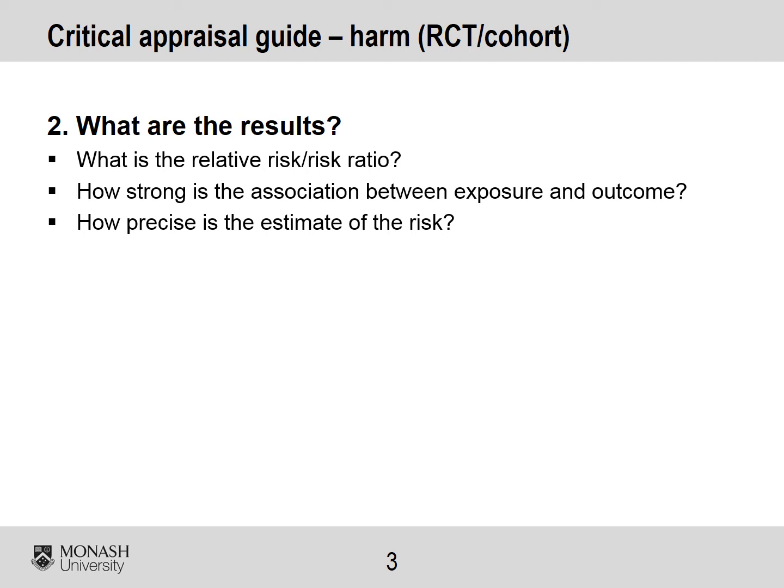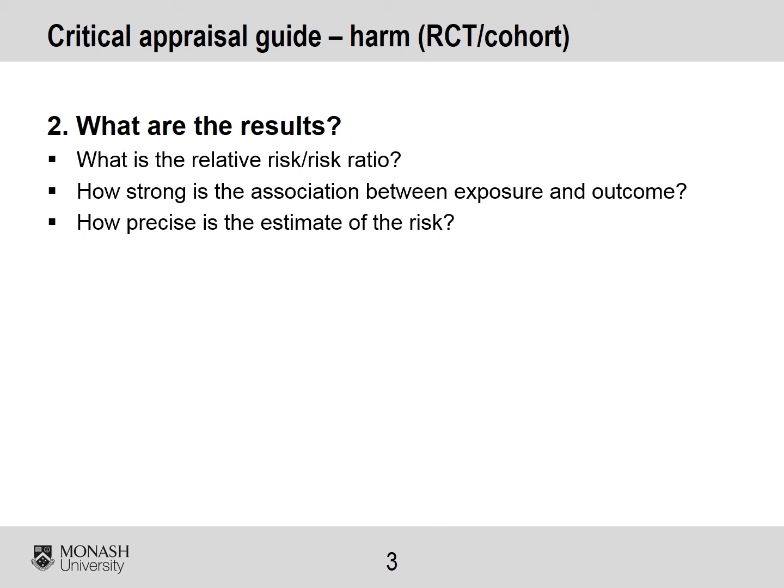for the particular study. The second point, how strong is the association between exposure and outcome? We're looking for you to describe what the relative risk basically means. If we've got a relative risk of 1.5, that's an increase of 50% in the risk of that particular outcome occurring.